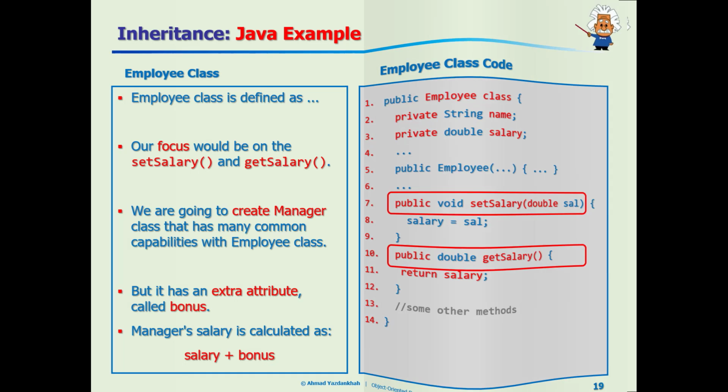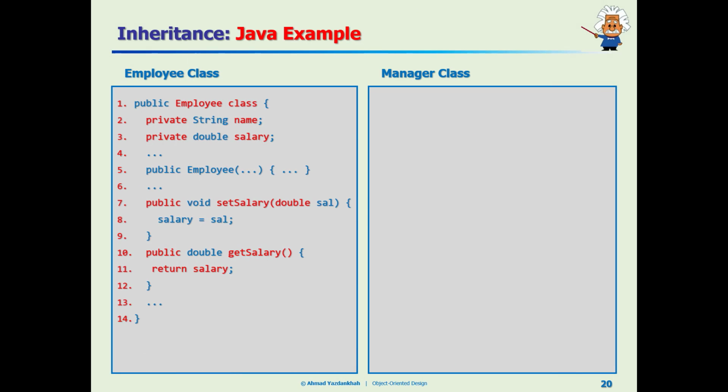So here I repeated the Employee class, and the Manager class looks like this. First of all, it is extending the Employee. When we say extending, it means that we are inheriting. So we use this keyword for inheritance.